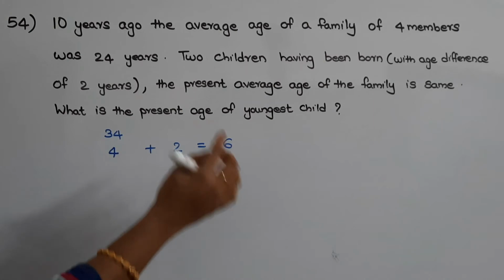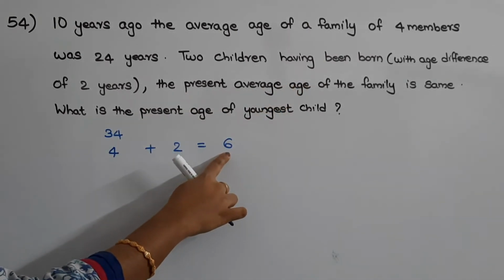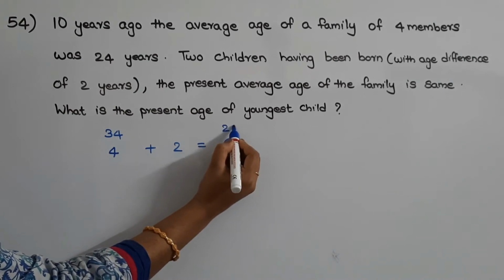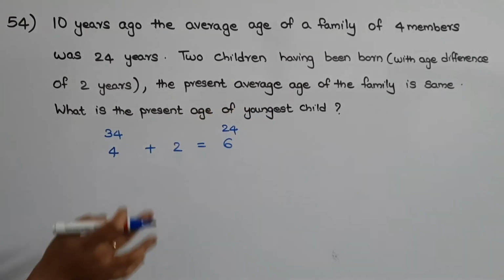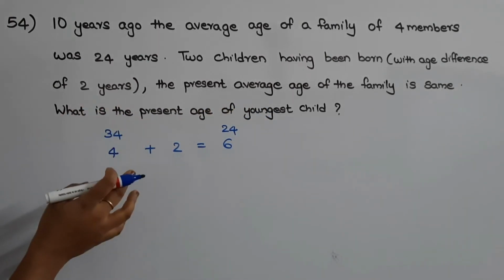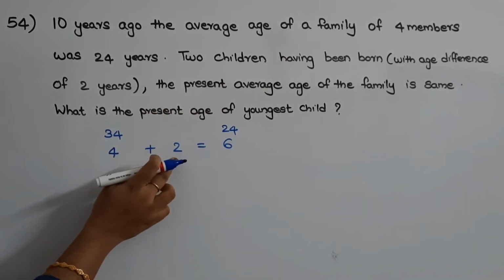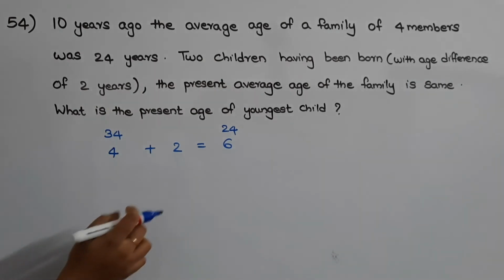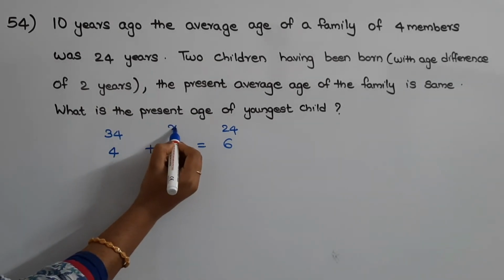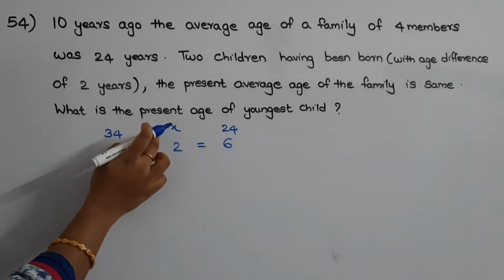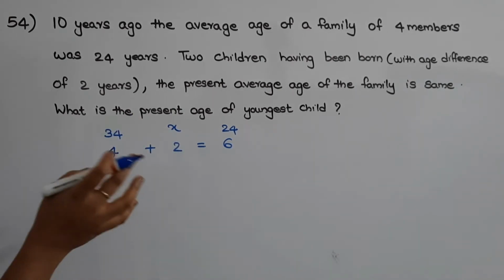So the present average age of the total members is same, which means it is 24. So we need to find out the present age of the youngest child. Before finding the present age of the youngest child, we need to know the average age of the 2 children. So above this 2 let us write X. This X is not the average age of these 2 children. This X is the increase or decrease in the average.